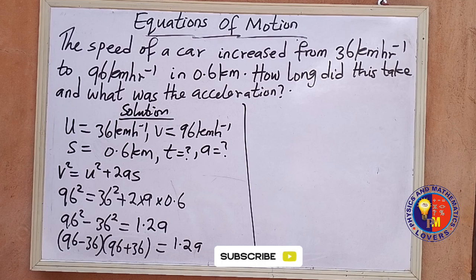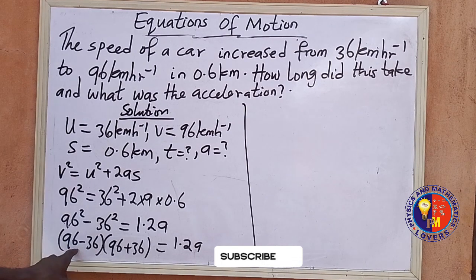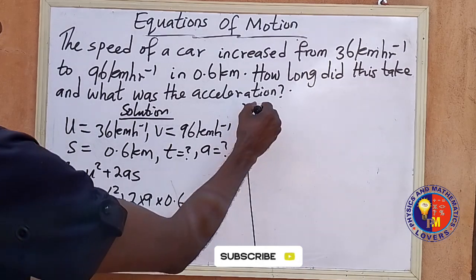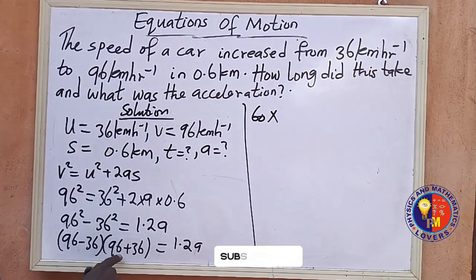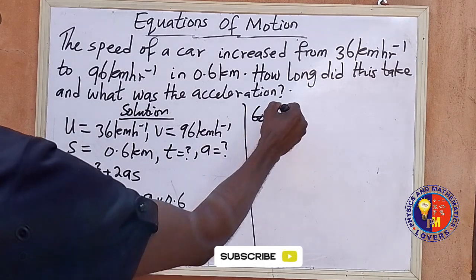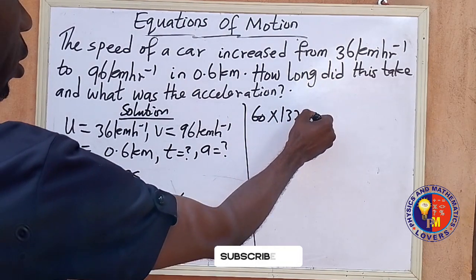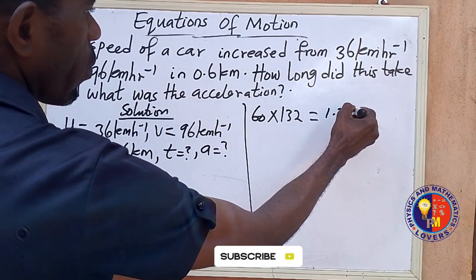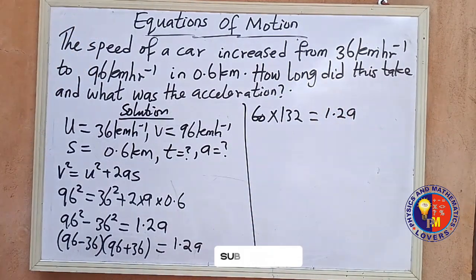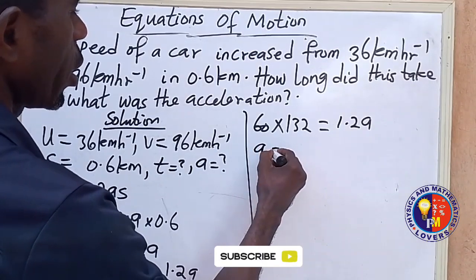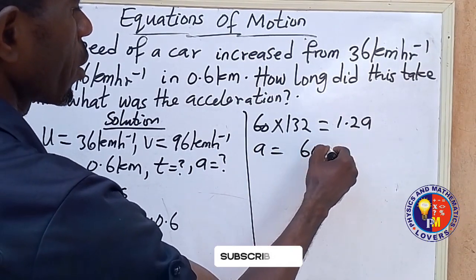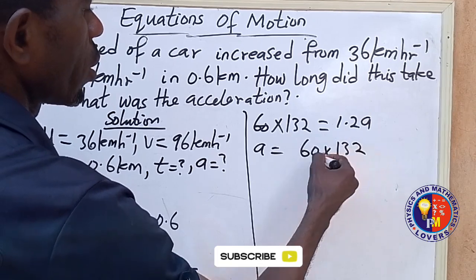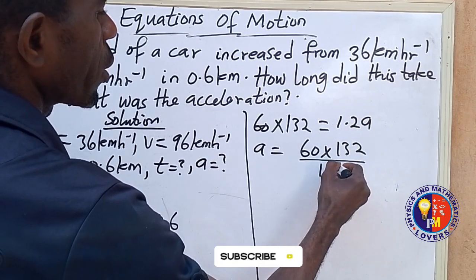If you take this away, you're going to have 60 times 132 equal to 1.2a. This will now imply that our a is equal to 60 times 132 all over 1.2.